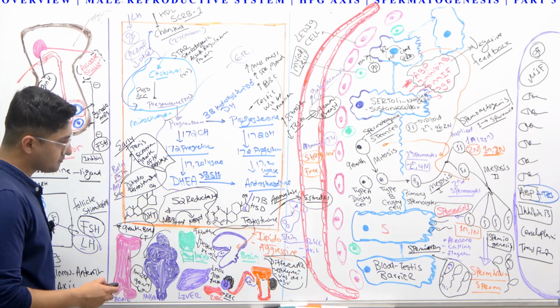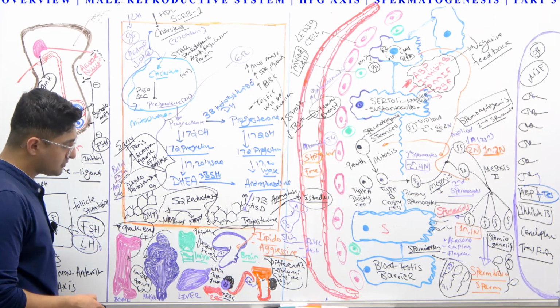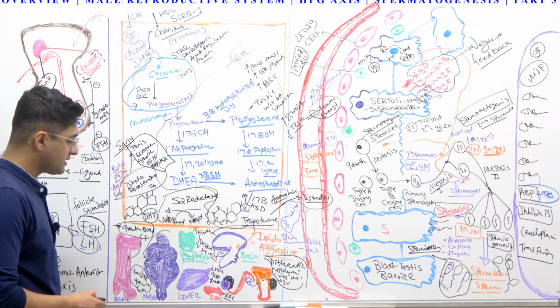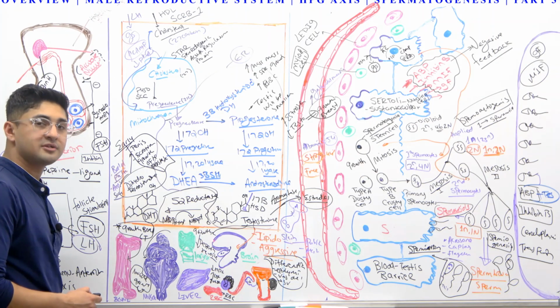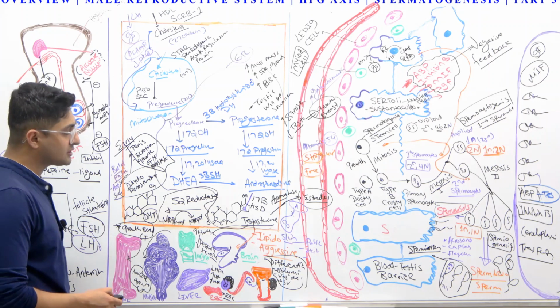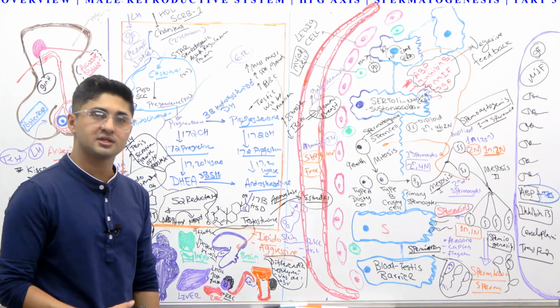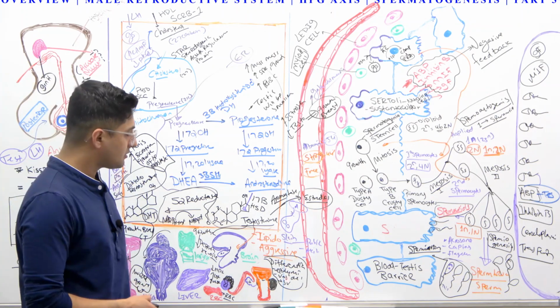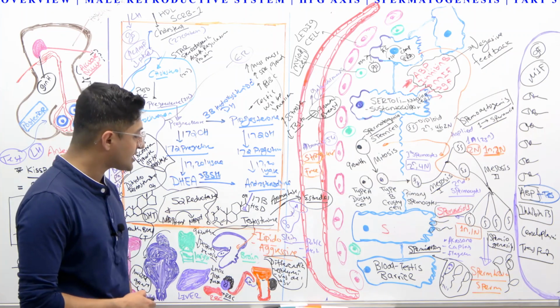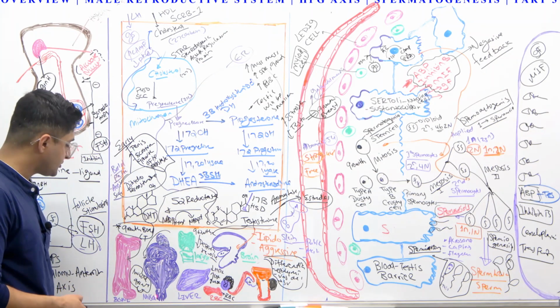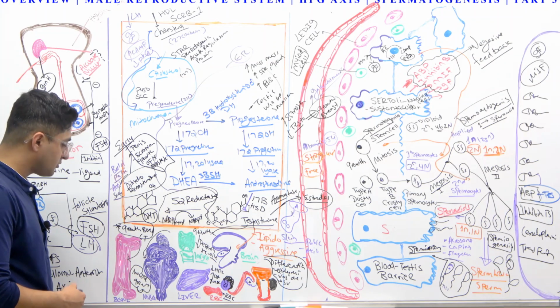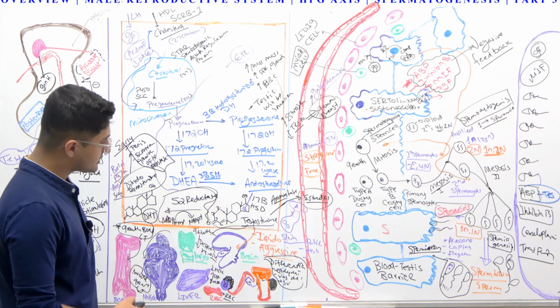Then this testosterone can work on the red blood cells for erythropoiesis. It can also work on the larynx for growth of the larynx, so you can have deepening of the voice. It also works on the skin, so that you can have pubic hair or axillary hair, which depends on the testosterone level. It works on the muscle for the growth of muscles and connective tissues, and also the growth of your bone. That's what happens.